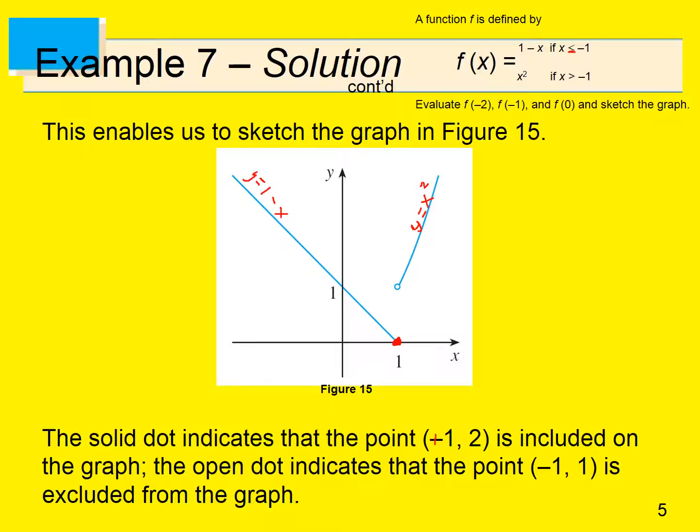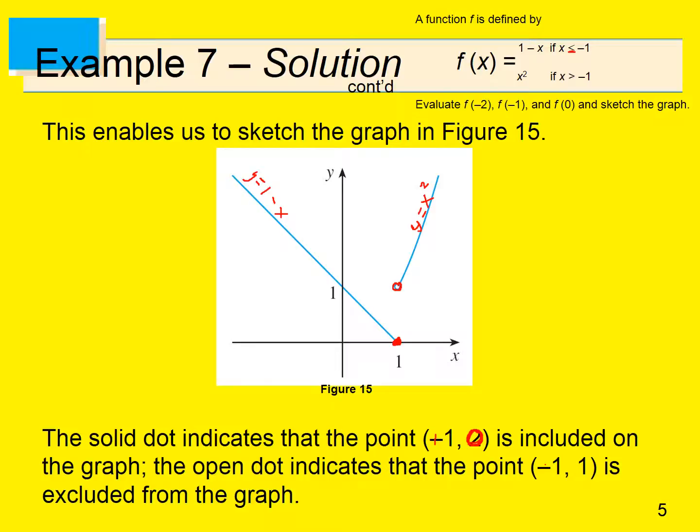The little equal sign is on the top rule, the line, not the parabola part, or piece of a parabola. Now, that indicates that the point 1, 0 is included on the graph.